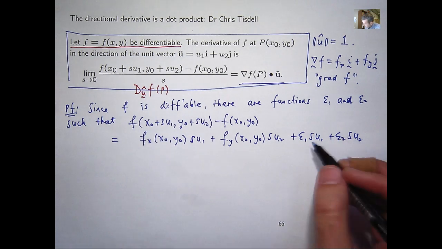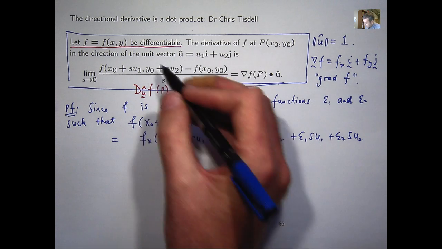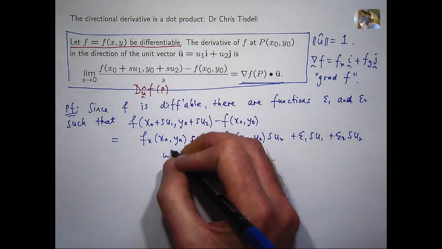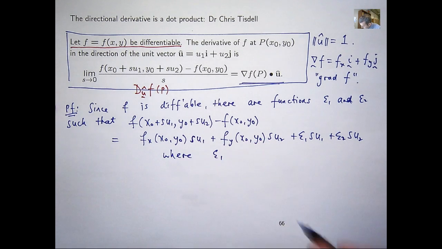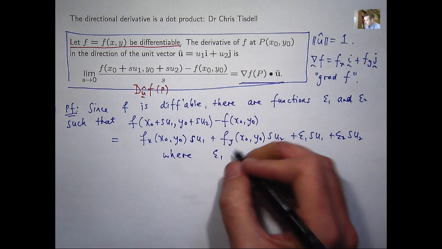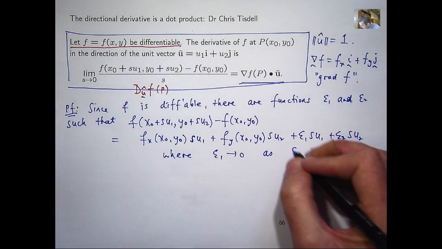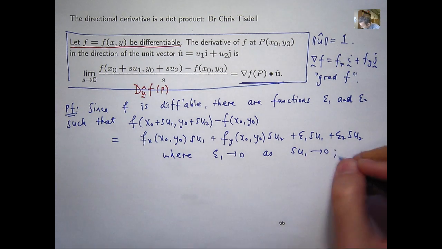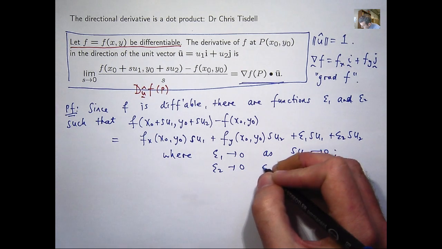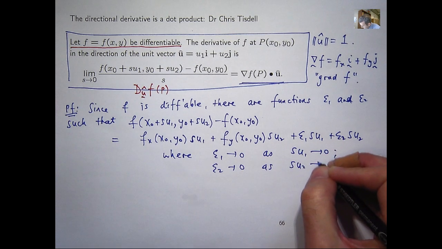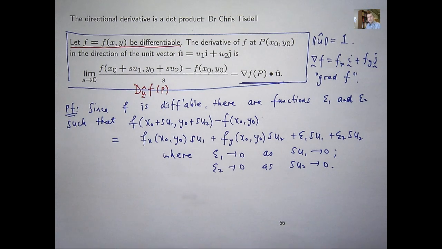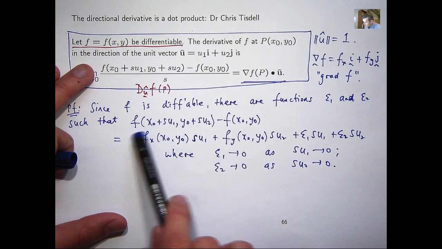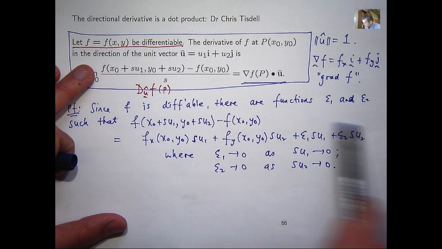And I've got these two terms over here, which is epsilon sub 1 times the first difference plus epsilon sub 2 times the second difference. Okay. Now, the functions epsilon 1 and epsilon 2 satisfy the following conditions. They go to 0 as the difference goes to 0.